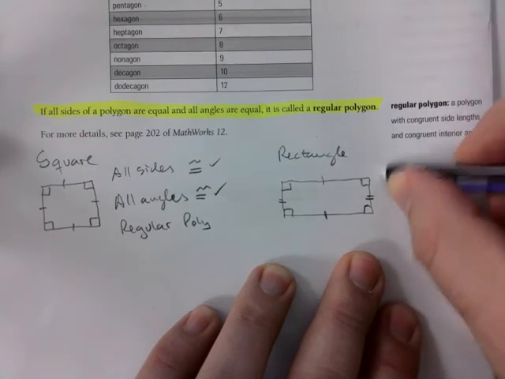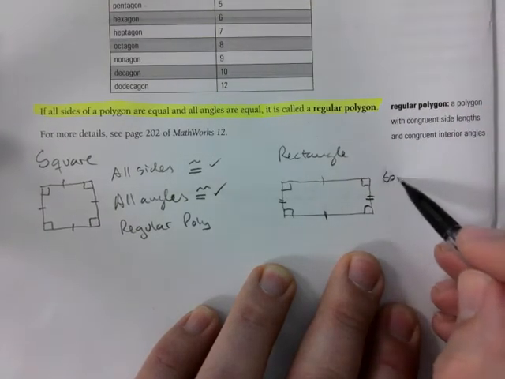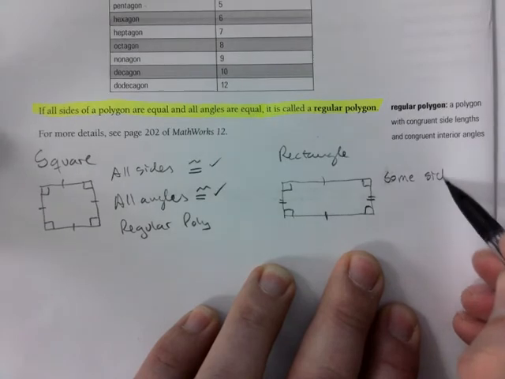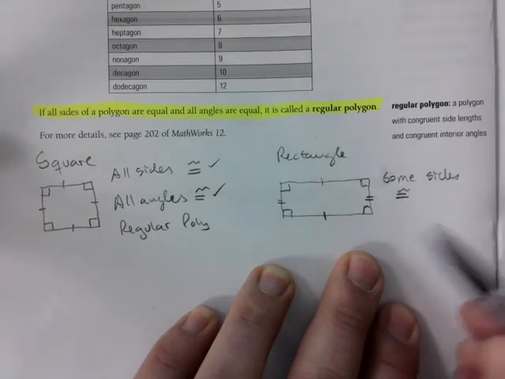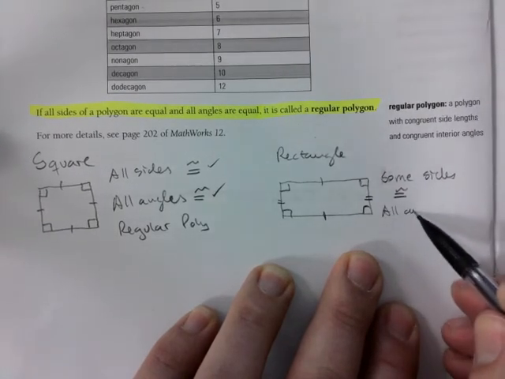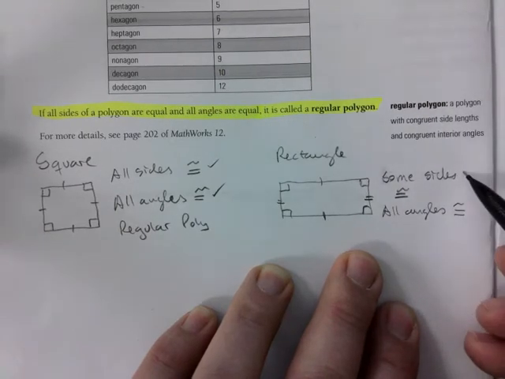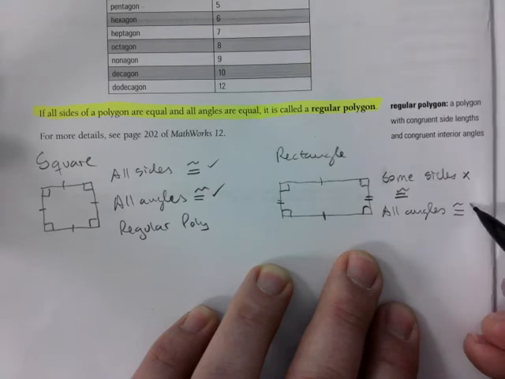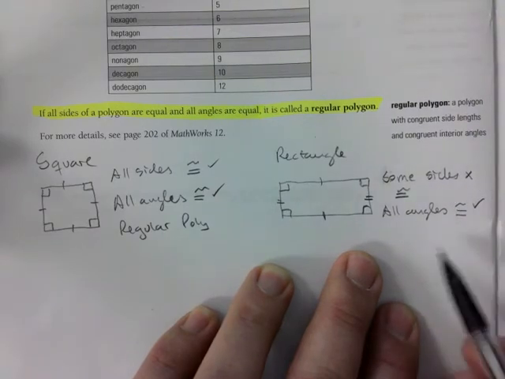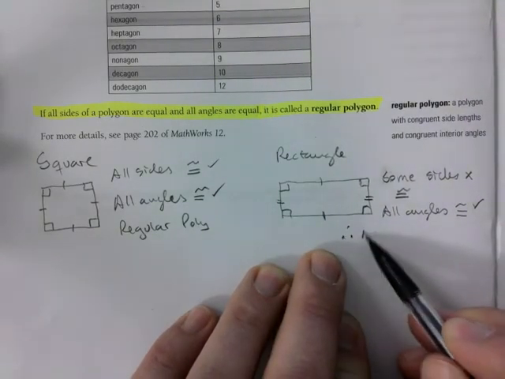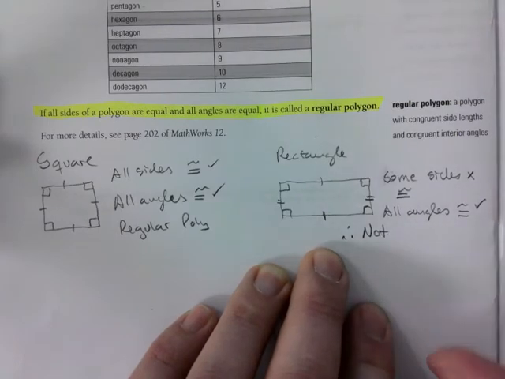I would say this. Some sides are congruent. All angles are congruent. But because it fails this one, it fails the sides being congruent, therefore not regular. I would say irregular, sorry.